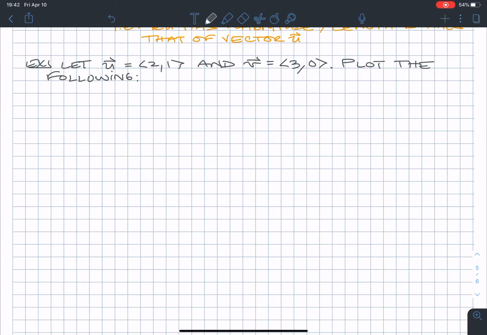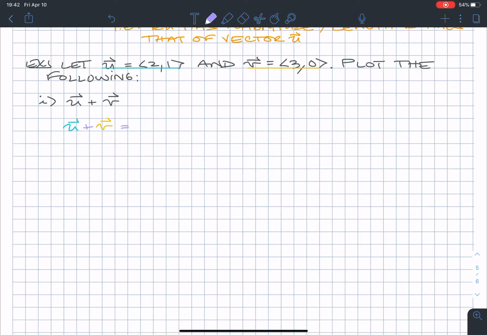Okay, so number 1, let's plot u plus v. Let's have u be blue, and let's have vector v be yellow.